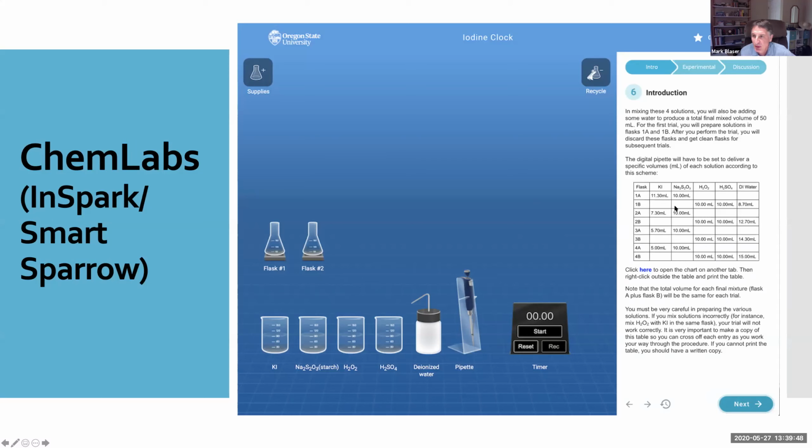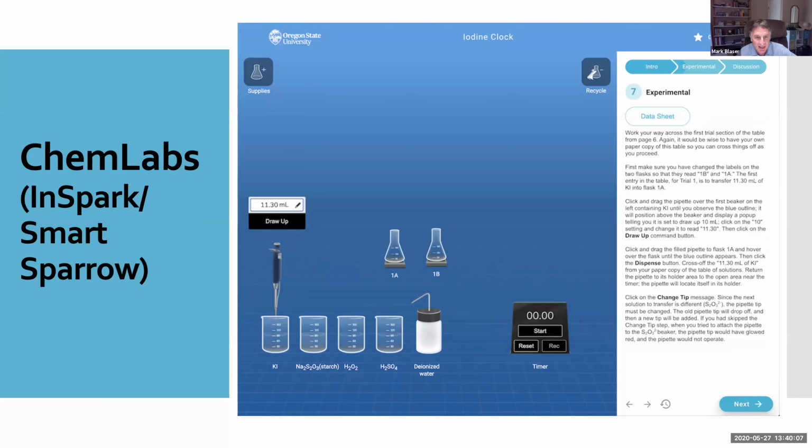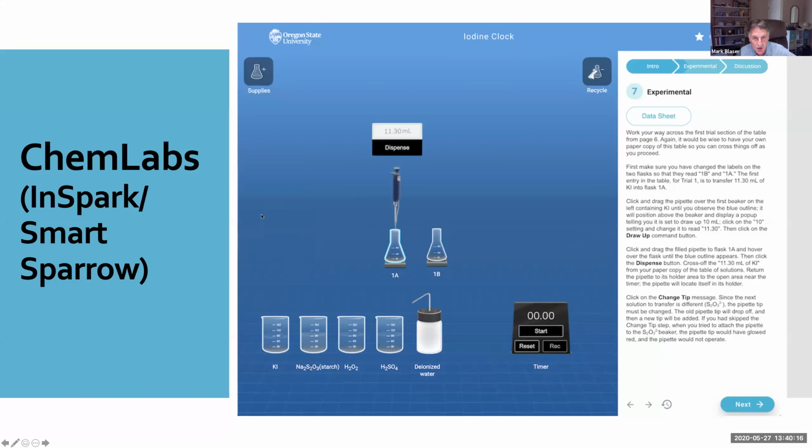You have a table, in this particular case, of various solutions and amounts you're going to pipette into the flasks that'll then be mixed. Students are expected to keep their own records of what they pipetted, and it checks whether you did it properly or not. So you have a virtual pipette, which you can drag over a beaker, withdraw a given volume of solution, and then dispense that.